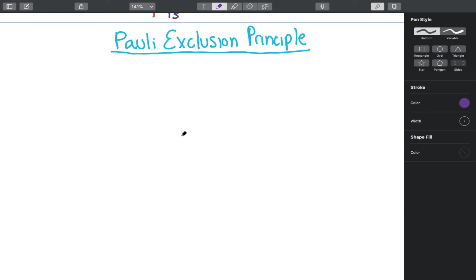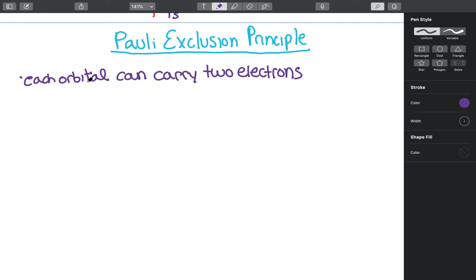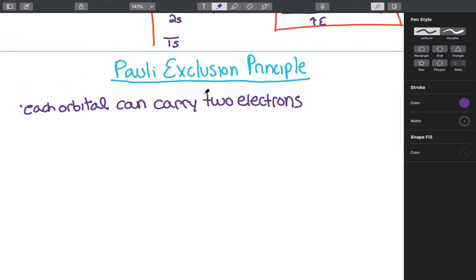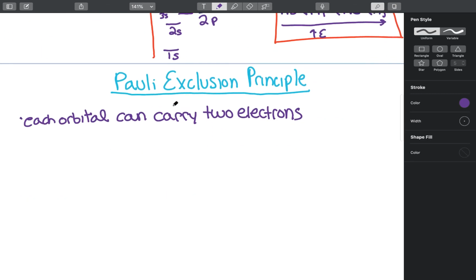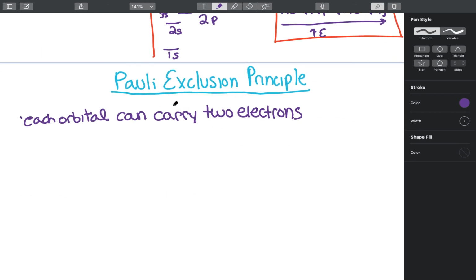In order to understand it, we first have to understand that each orbital can carry 2 electrons. So for example, the 1s orbital can carry 2 electrons. The 2s orbital can carry 2 electrons, and so forth. Each orbital can carry 2 electrons.